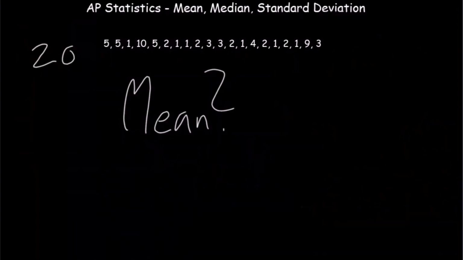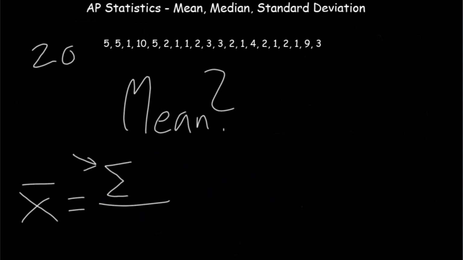And basically the way to do that is, if you recall the formula we had just gone over. By the way, this symbol basically means the sum of all values that come after that symbol, just so we're clear on that. So the sum of x, each x value, divided by n.